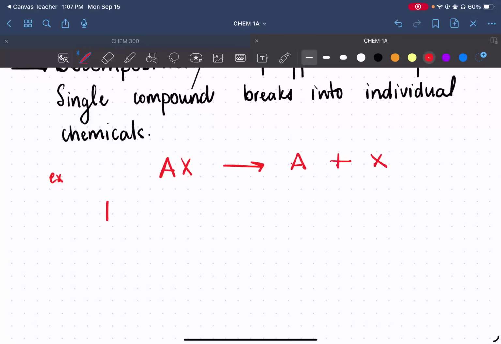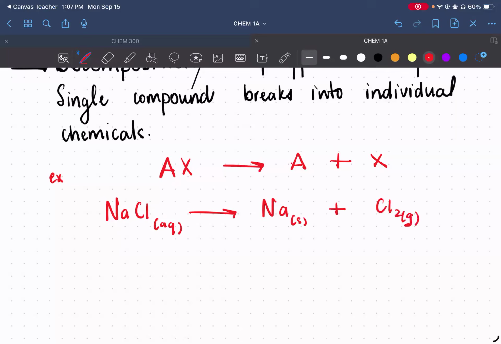We saw these already. Sodium chloride breaks down into sodium and chlorine gas. To balance it, we'll put a 2 in front of the sodium and the sodium chloride.